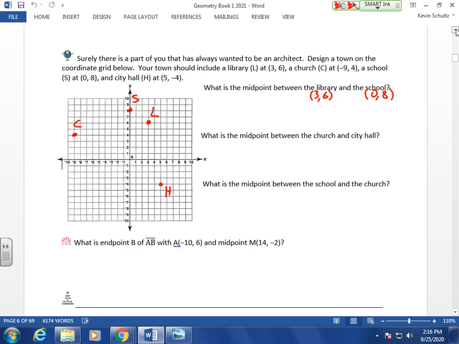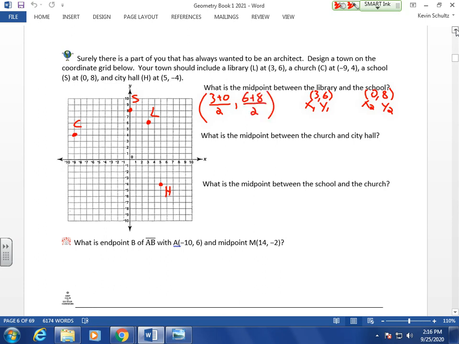So going ahead and doing this one together, x1, y1 for 3 and 6, x2, y2 for 0 and 8. Our midpoint is going to be x1 plus x2, 3 plus 0, divided by 2. And the y-coordinate is going to be y1 plus y2, 6 plus 8, divided by 2.